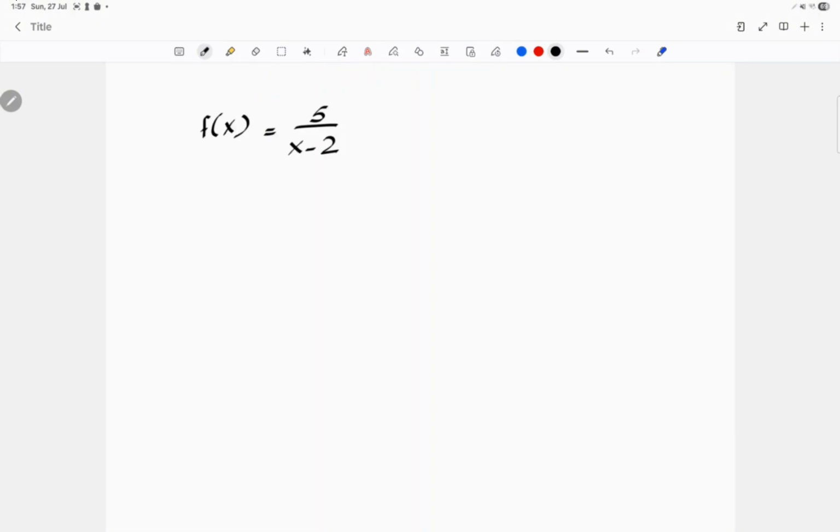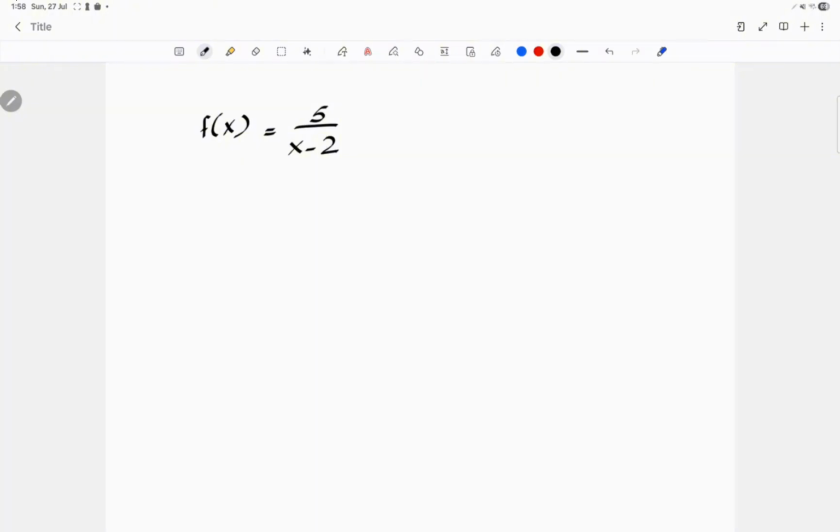How about this one? Is it continuous at all x's or is it not at some x's? What do you guys think? If right now I place a 2 in the bottom of the function, what's going to happen?